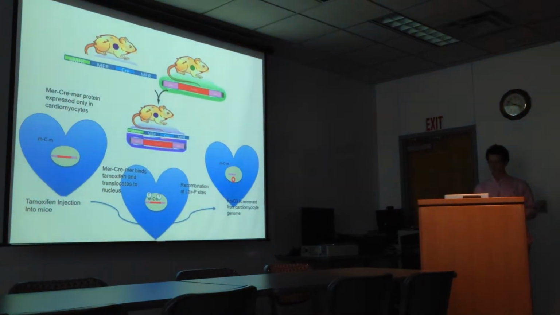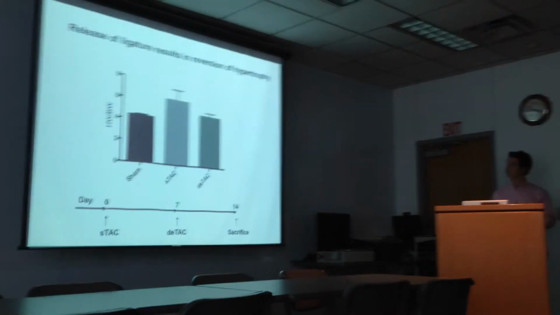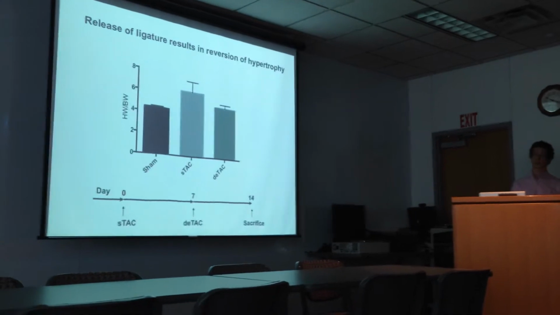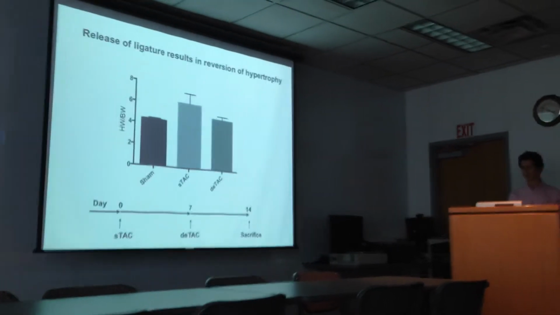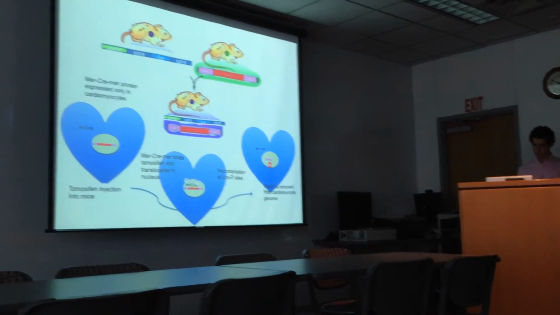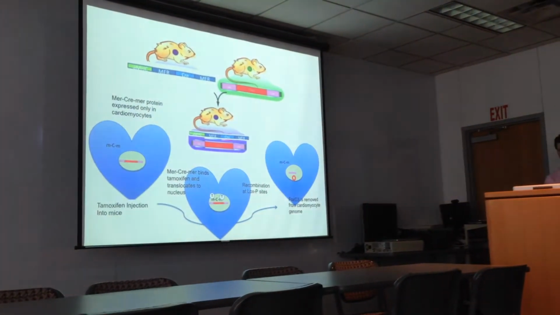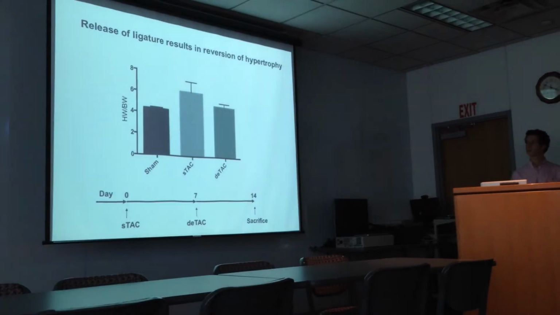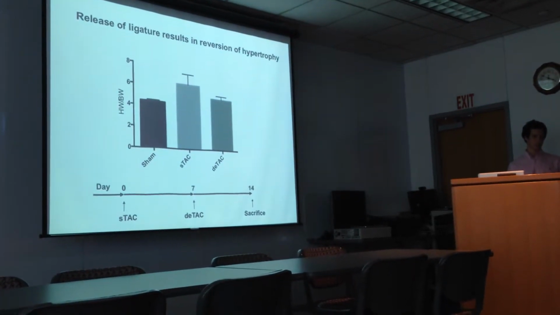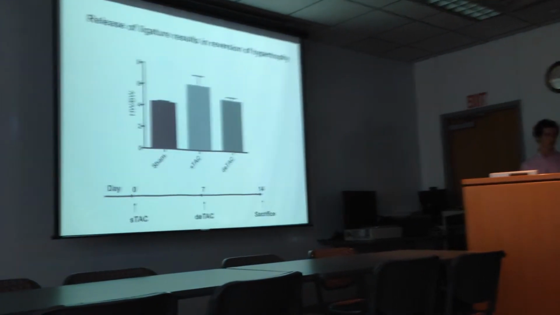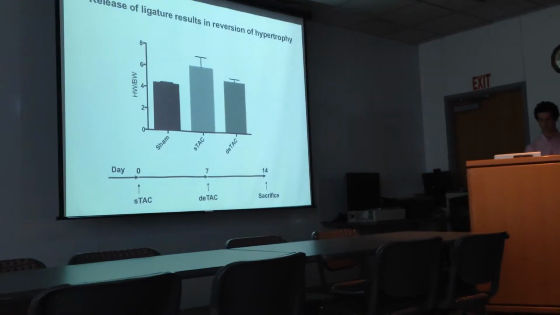So that's 7 days in the middle and 14 days on the right? Yes. The reason it's not significant is we only had a couple of TACs. I think once the numbers are higher in TAC, the model works.